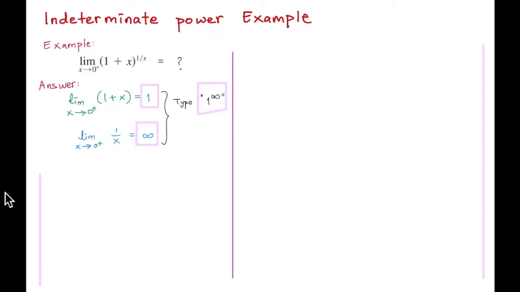So this is an indeterminate form. It's not true that this is equal to 1. This is an indeterminate form of type 1 to the infinity. And so we will apply the technique that I mentioned in the previous slide. So I write down y equals the function I am interested in, and I take the natural log of both sides.